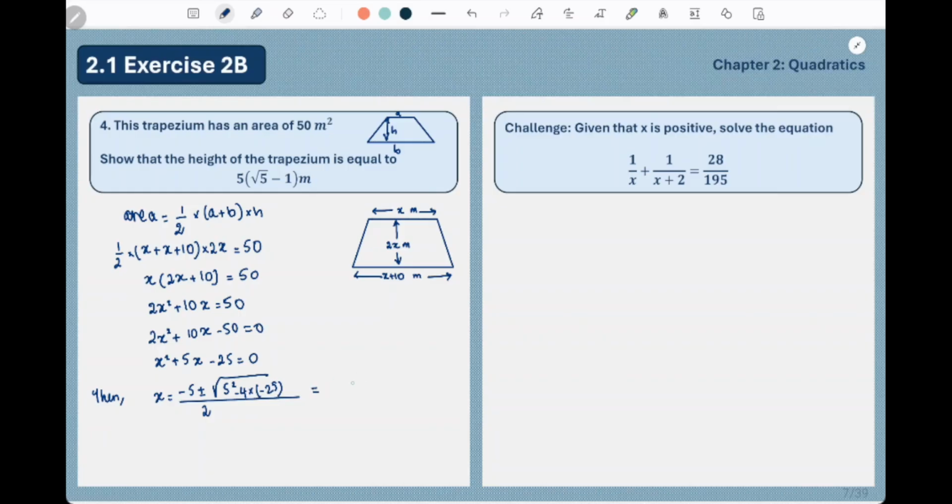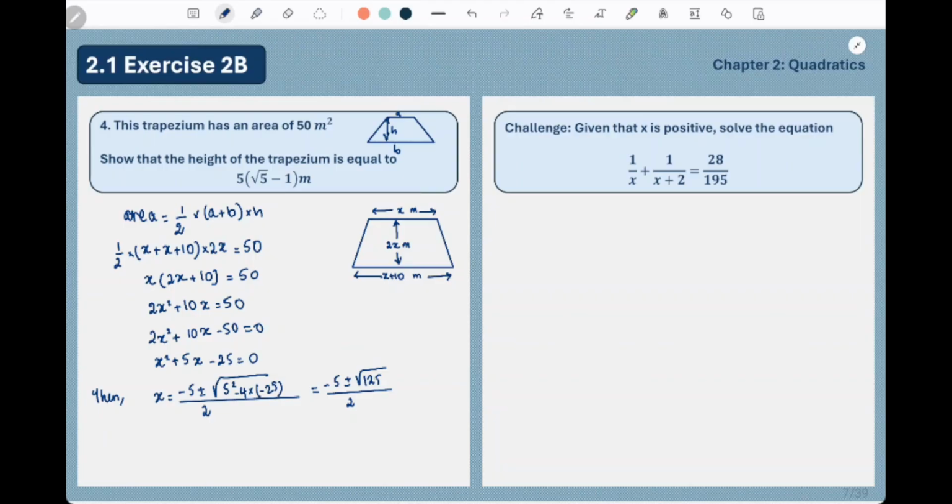So computing this one, minus 5 over 2 plus or minus, let me compute this in the calculator, 1 second. Inside the square root, it will be 25 plus 4 times 25, which is 25 plus 100, so it's going to be 125.